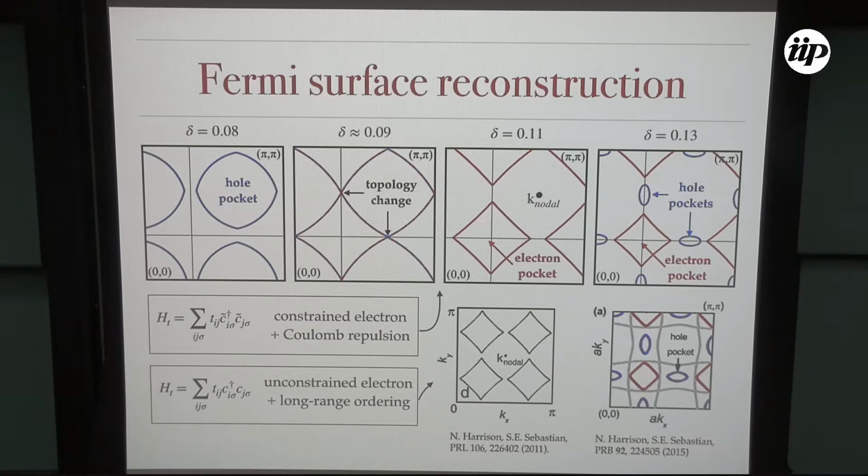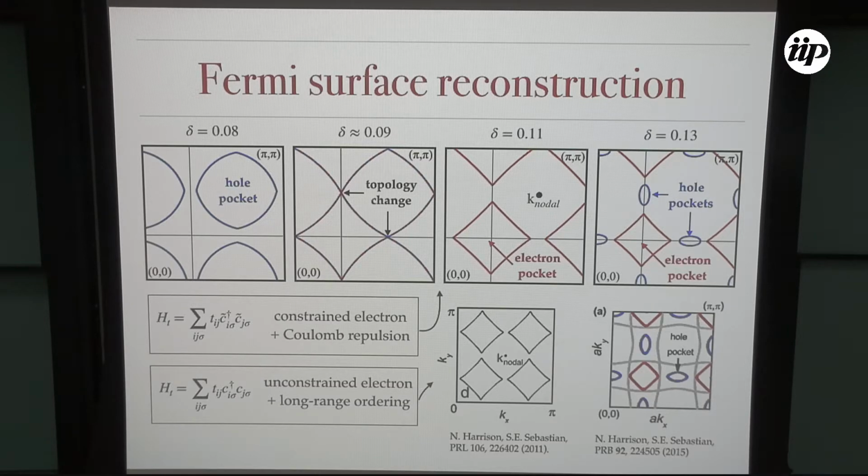Moreover, with a further increase of the doping level, we calculate that the Fermi surface will contain hole pockets in addition to the electron pocket, which is located in the nodal region.